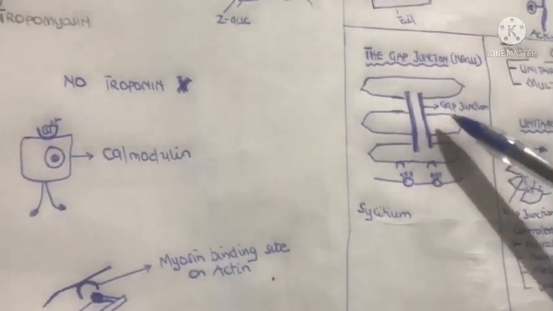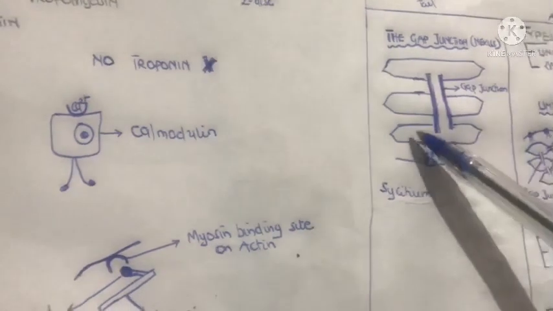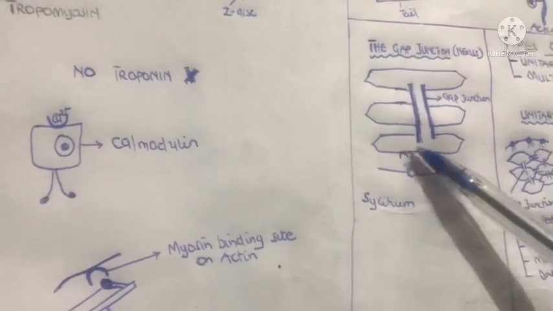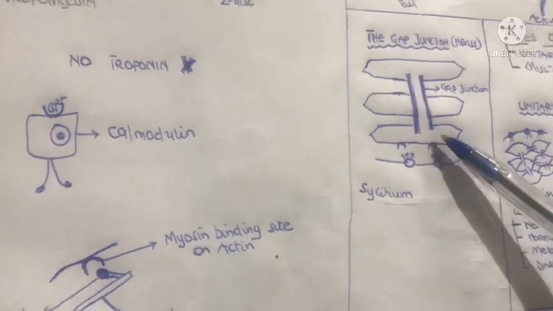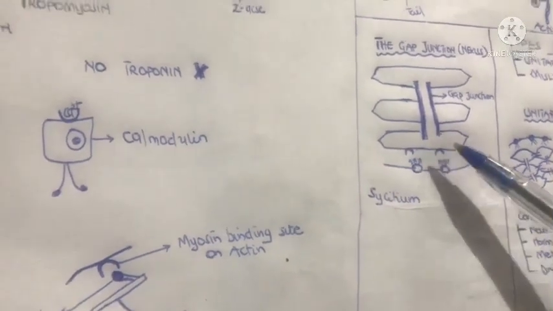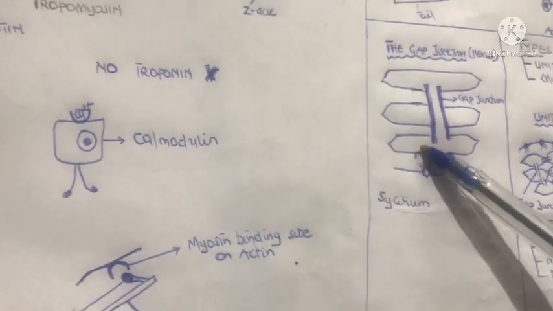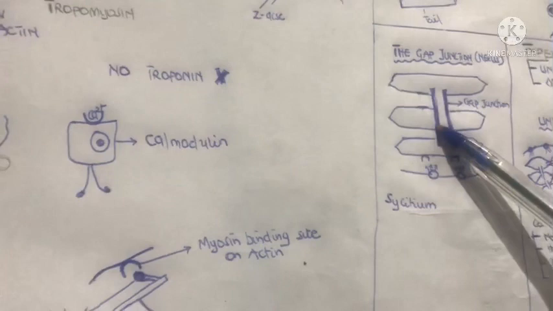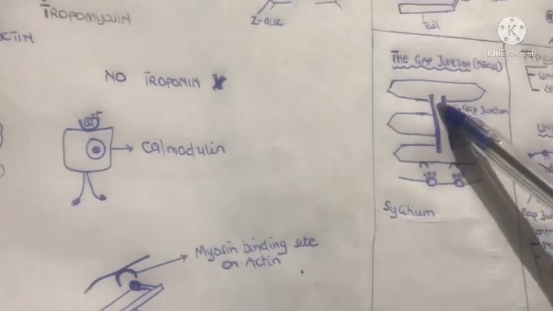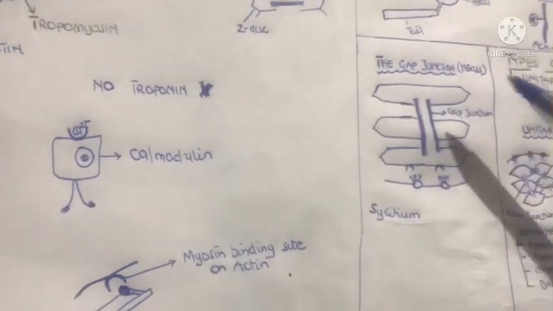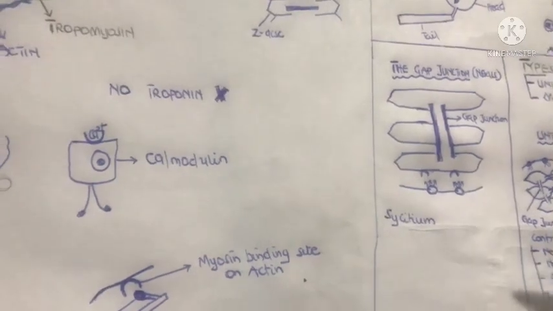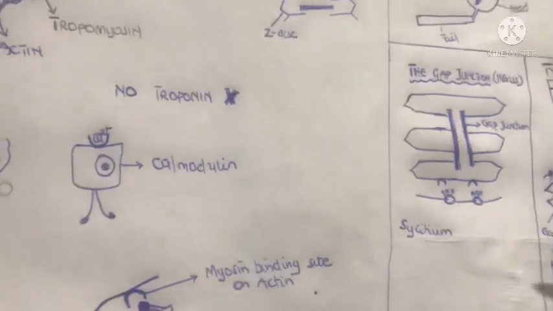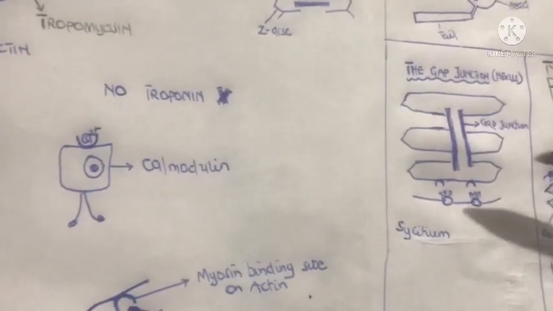What this gap junction does is that when one of the smooth muscles is stimulated, the action potential generated in this smooth muscle will be conducted to these other smooth muscles, which leads to the contraction of all of them together. So all of them will contract simultaneously.